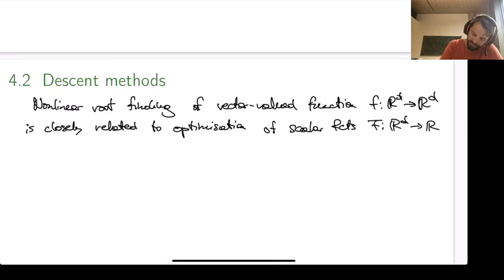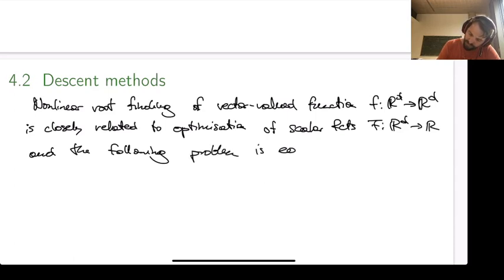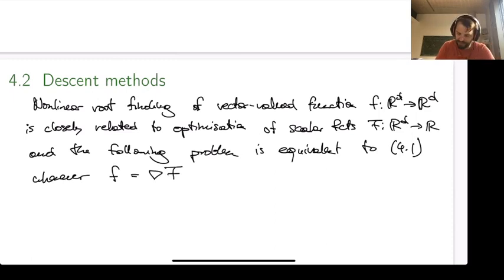And the following problem is equivalent to our nonlinear equation 4.1 whenever the little f is in fact the gradient of capital F. So I'll link those two in a minute.